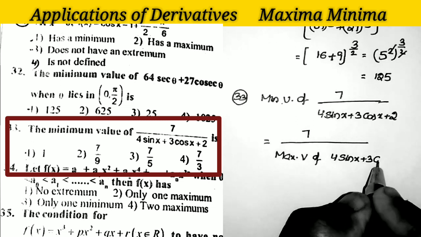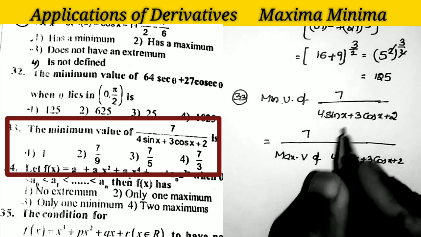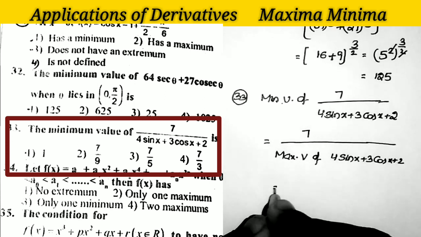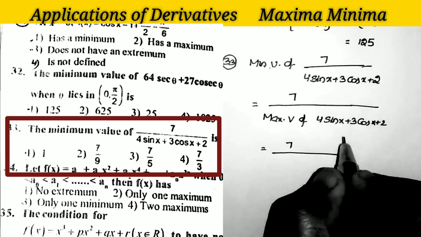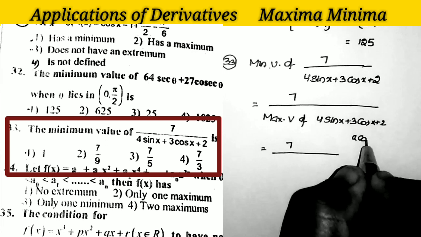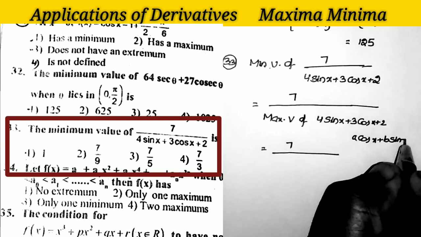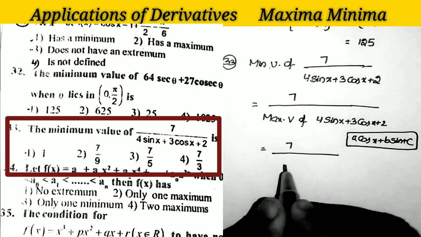So this is the direct formula: the minimum value of 7 by this expression is equal to 7 by the maximum value of the given expression. Clearly this is in the form of a cos x plus b sin x plus c. What is the maximum value of a cos x plus b sin x plus c? What is the maximum value formula?